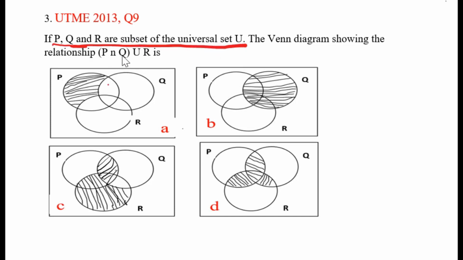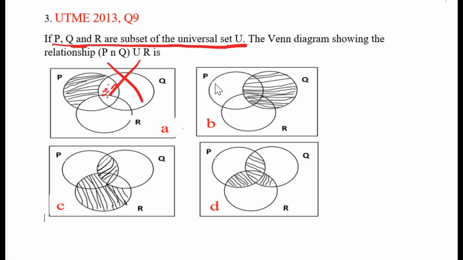So now let's move to the second part, which is P intersection Q union R. So option A, P intersection Q. See, this place is not shaded. So this one will not be the answer. Option A will not be the answer.